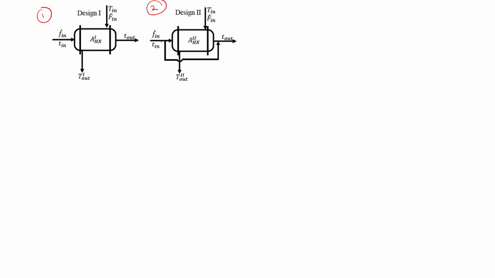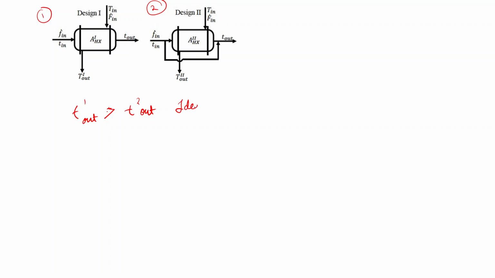So from this diagram you can see that since the cold fluid is getting mixed directly into the outlet, in the second case this T out will decrease. So T1 out will be greater than T2 out.